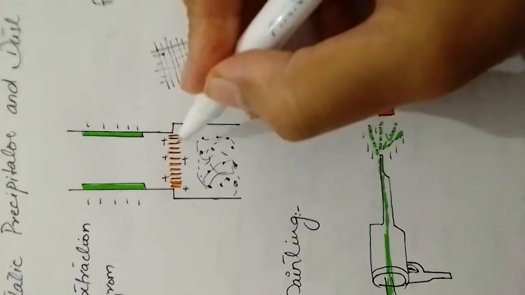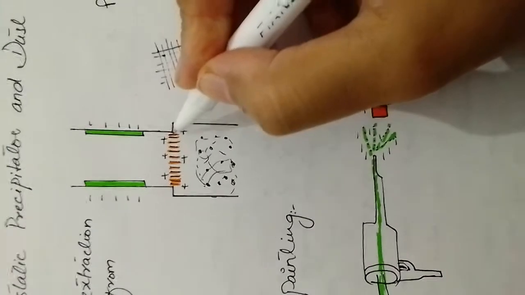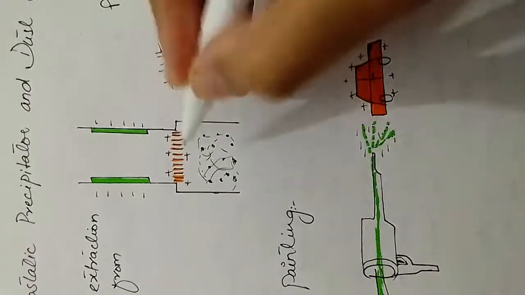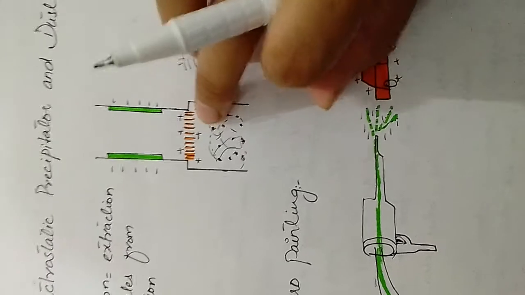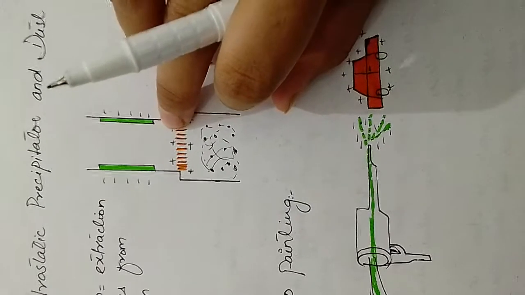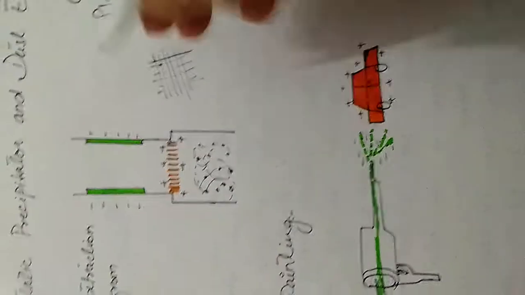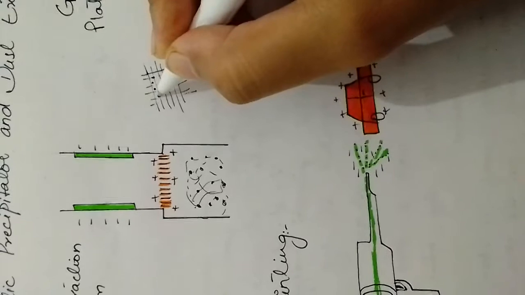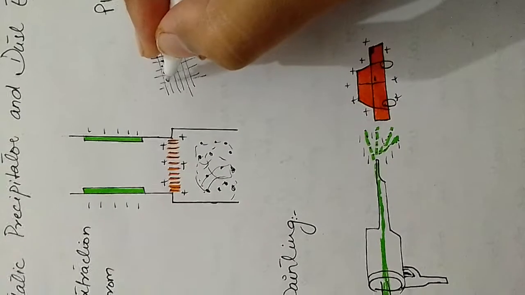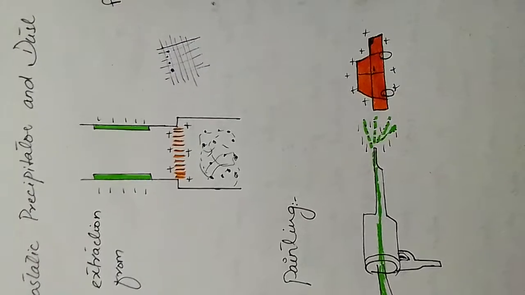In this case the wire mesh is charged with positive charge. Whenever the particles pass through this wire mesh, after rubbing against it, each of them will get positively charged.